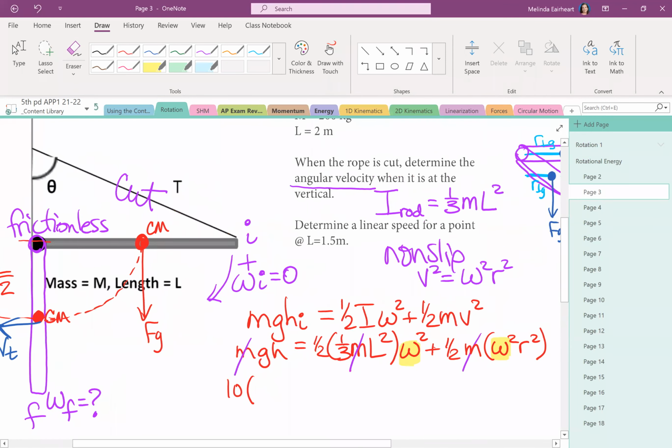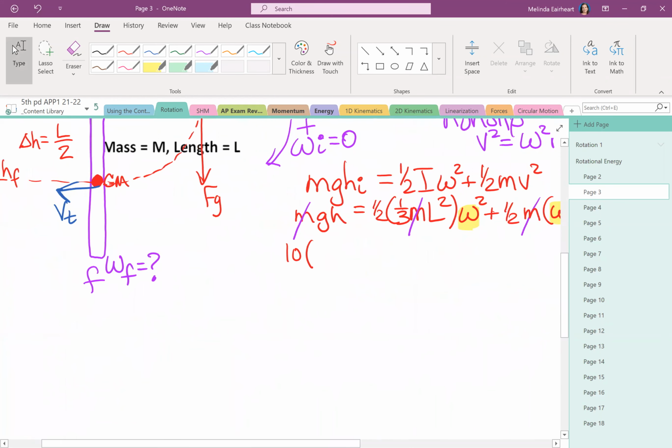If you go back up, L over 2, L is 2. I know that reduces to 1, but just putting it in for format. Height is L over 2, length is 2. And then we got 1/2 times 1/3. Length is 2. Don't forget to square. Oop, not equals.